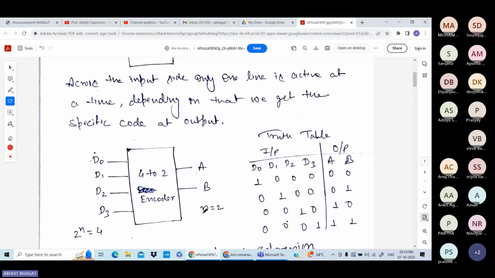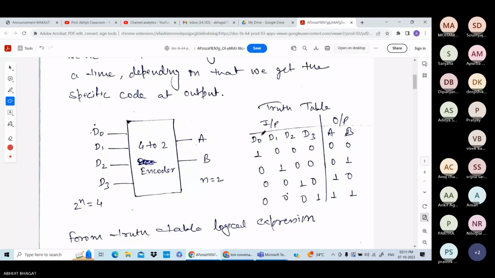Here n is equal to 2, the number of outputs is 2, and the number of inputs is maximum 2 to the power n, means maximum 4. It may be less than 4, maybe 2, maybe 3, but it should not exceed 2 to the power n, here it is 4.